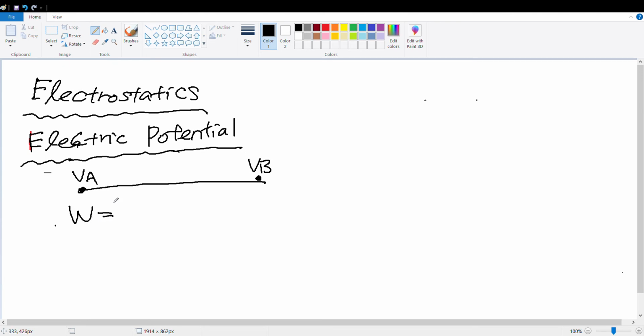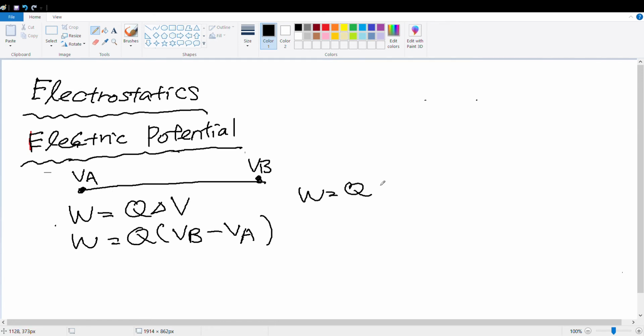So this is my work done. The work done to bring the charge to move from A to B is actually Q times VB minus VA. If the work done to move the charge from point B to point A, it is Q times VA minus VB.